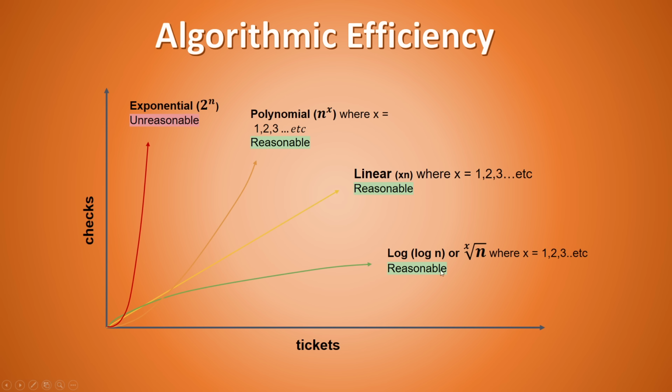Logarithmic or linear. Polynomial is when you have any number here, and then it's raised to any power, right? So the number of items in your list raised to a certain power. So it's fine even if you're doing a bunch of calculations on all the things in your list, because it's still just a list with a bunch of stuff.